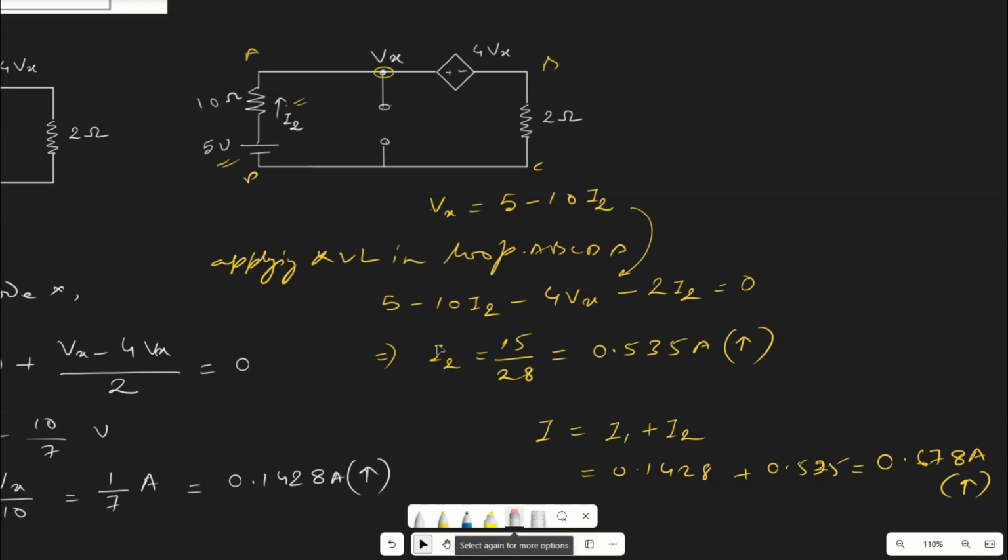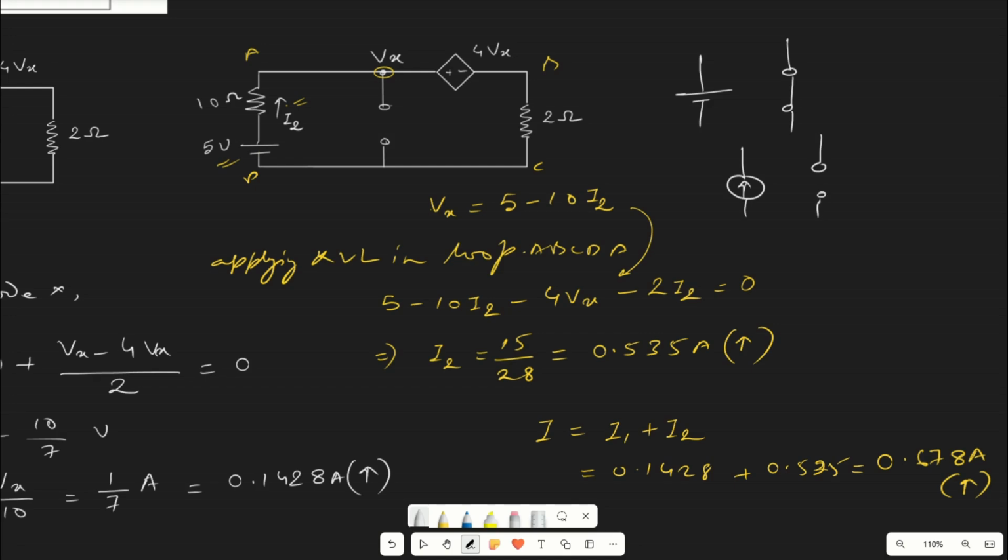Now one very common mistake that many of us make while using the superposition theorem: whenever we have a voltage source, we always replace it by a short circuit, and whenever we have a current source, we always replace it by an open circuit.